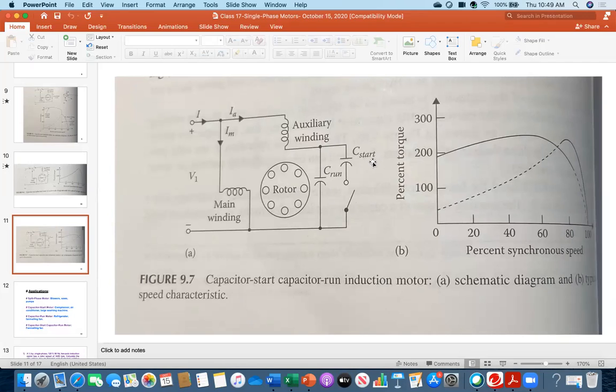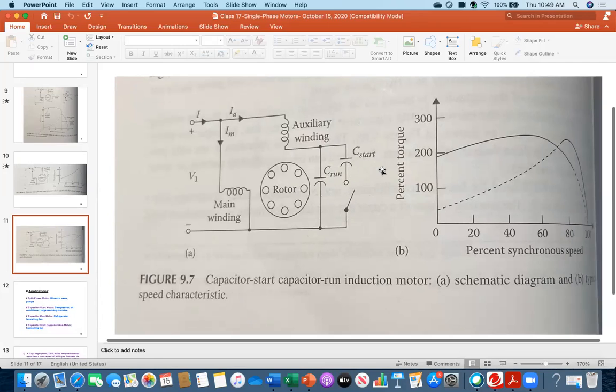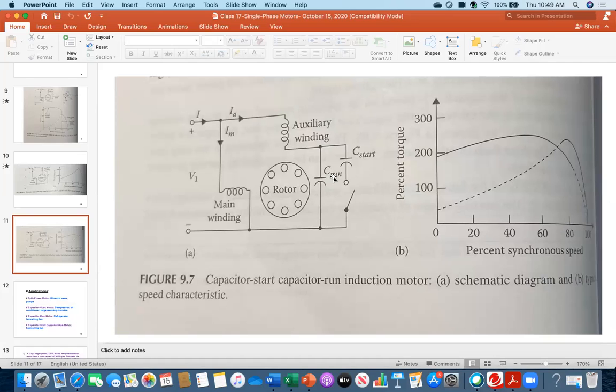This capacitor is just for starting time, and this capacitor is always on. Once the speed reaches about 75%, you take the start capacitor out and keep the run capacitor on. So this is the much more improved version. You keep the run capacitor always on to run with improved power factor, and at the beginning you start with the one that provides very good and high starting torque.